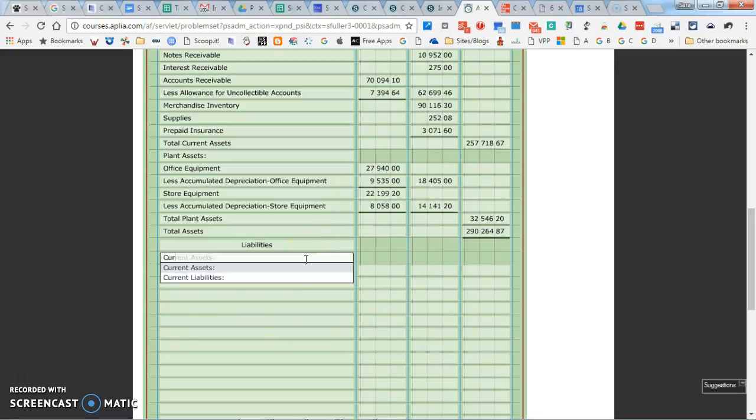Okay, then our next section is liabilities. And first subheading is current liabilities. And for this, we'll just go ahead and list them all, and then all of our amounts will just go in the middle column.